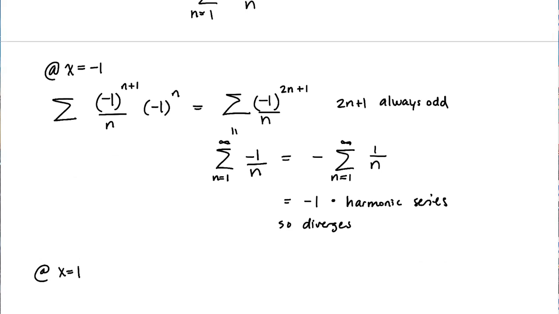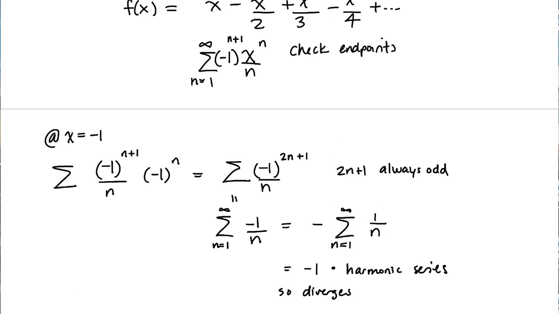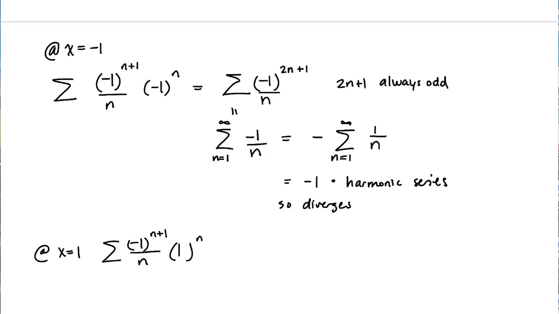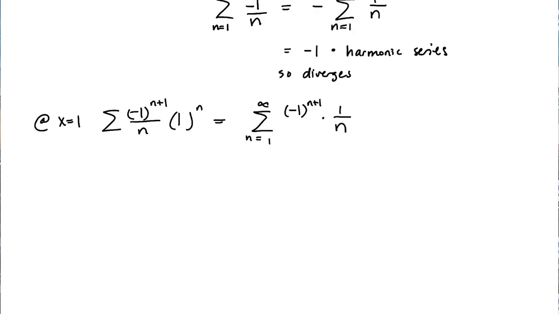We get (-1)^(n+1) over n, and then times 1 to the n. So I end up with just (-1)^(n+1) times 1 over n. Okay, so this is an alternating series.